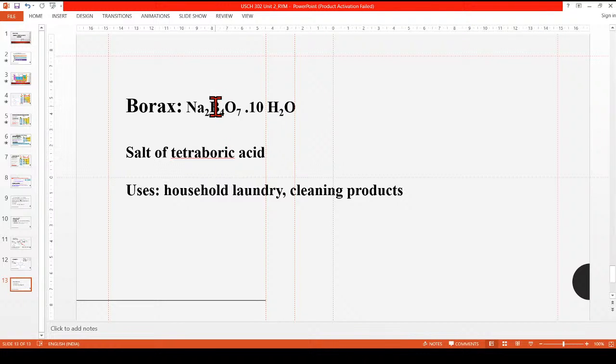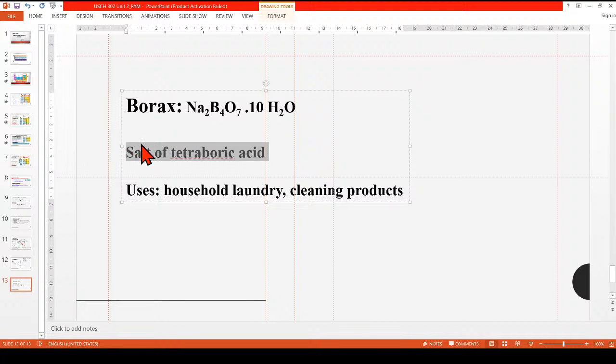Its formula is Na2B4O7·10H2O. Basically it is sodium salt of tetraboric acid. Okay, borax is sodium salt of tetraboric acid. And in your syllabus you have some synthesis part, so for now just skip that part and remember its uses.